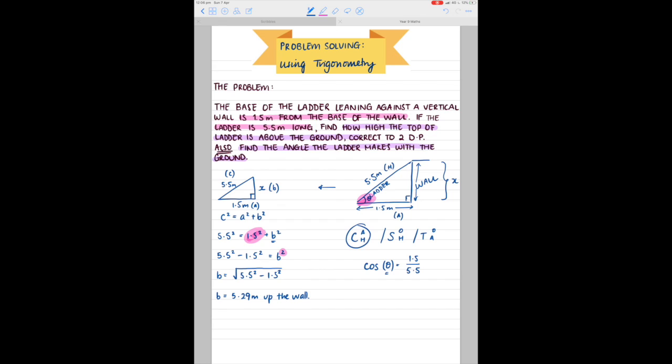So our angle, theta, equals cos inverse of 1.5 divided by 5.5, and close that bracket. What you'll find is that it makes an angle of 74.17 degrees. This means that the angle the ladder makes with the ground is 74.17 degrees.